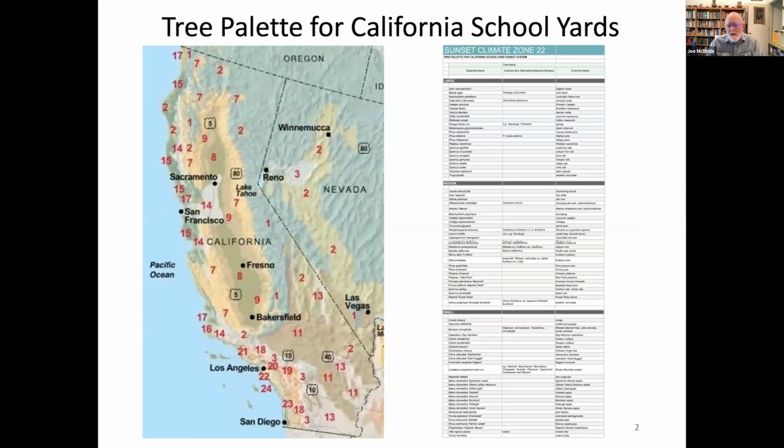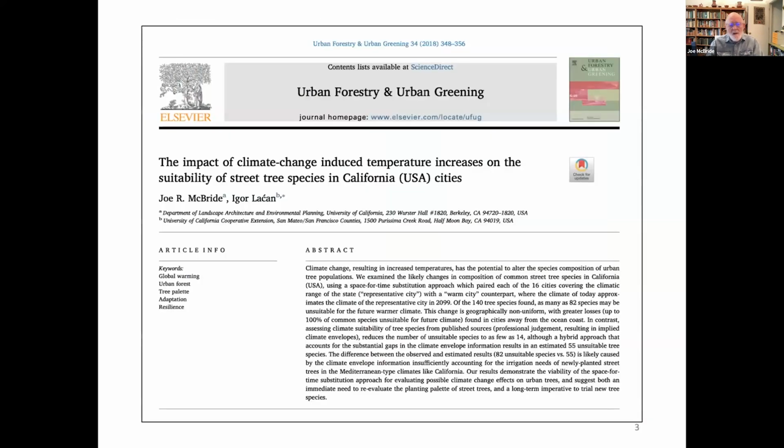These lists, as Arran had described, are related to the climate zones in California that Sunset Magazine has put together. Climate zone number 22, which you can see down here, is in the Los Angeles area. And these are trees that are adapted to that area based on the parameters in the Sunset climate zone.